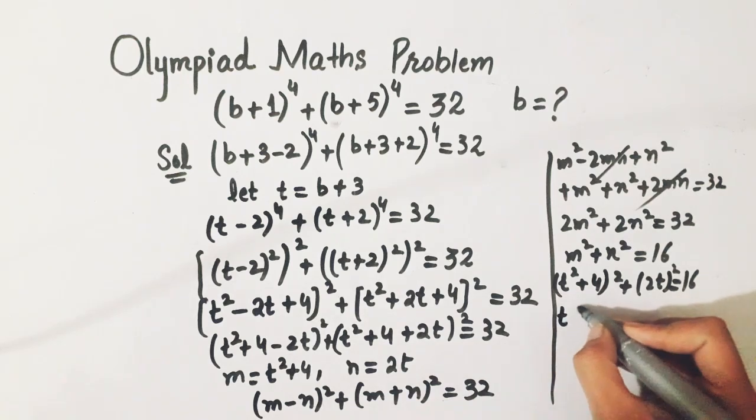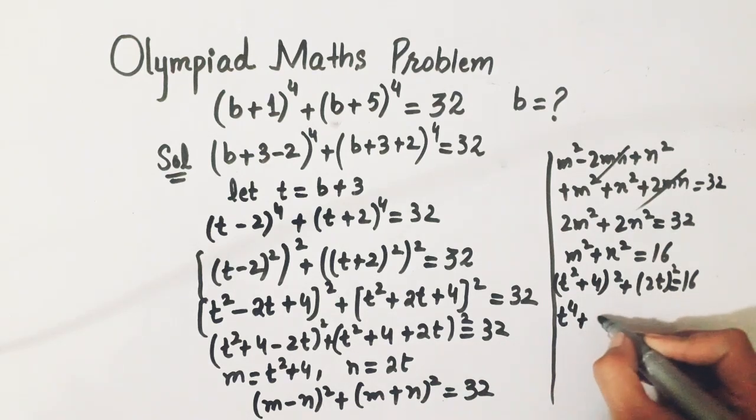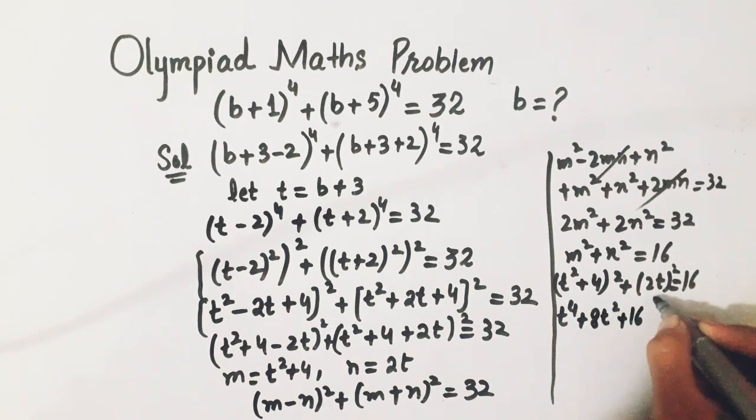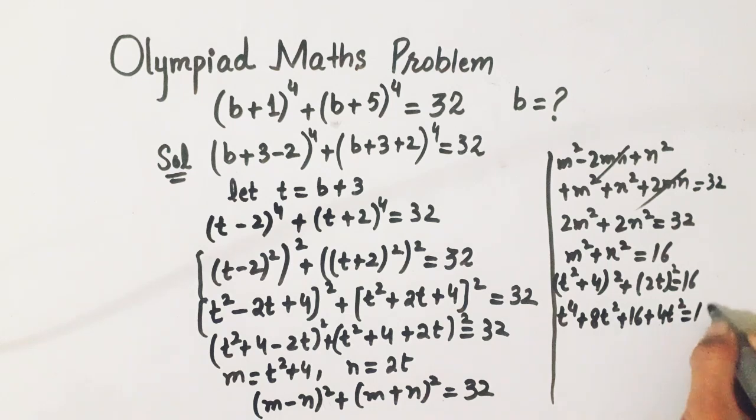So we get t^4 + 8t^2 + 16, and this was 4t^2, equals 16.